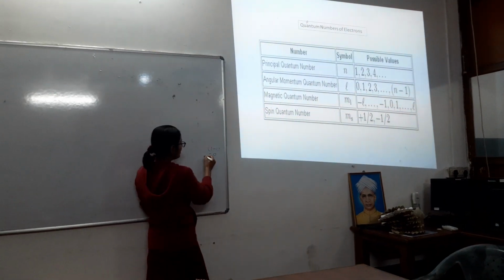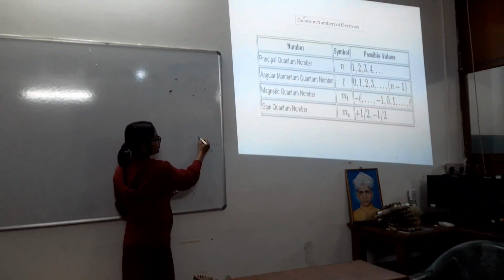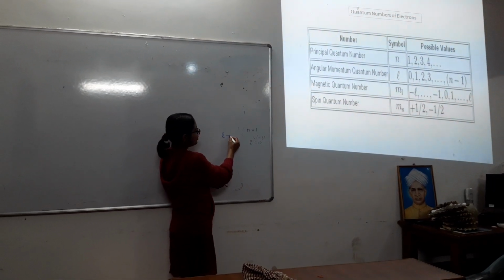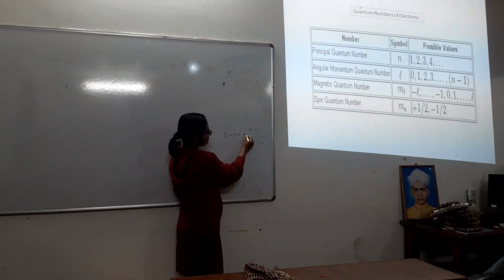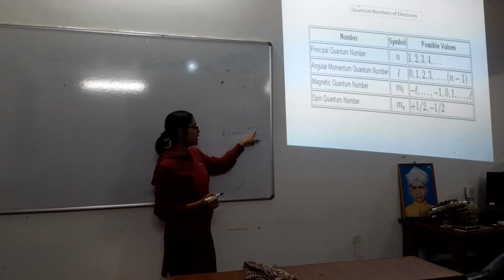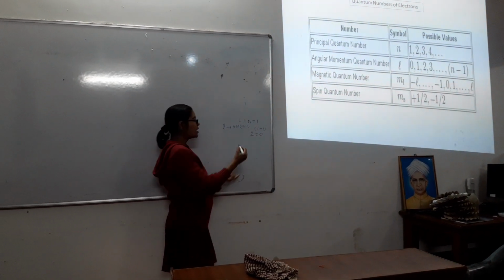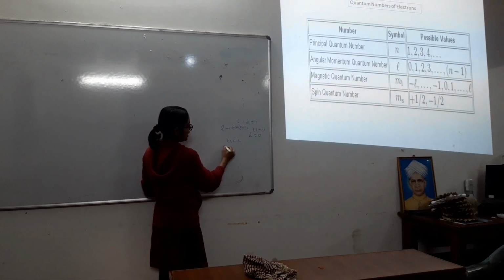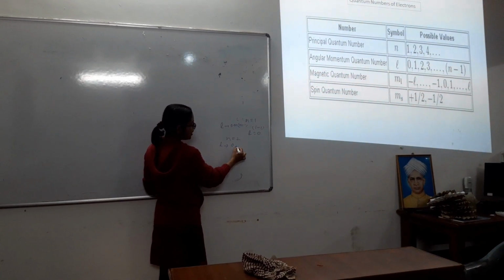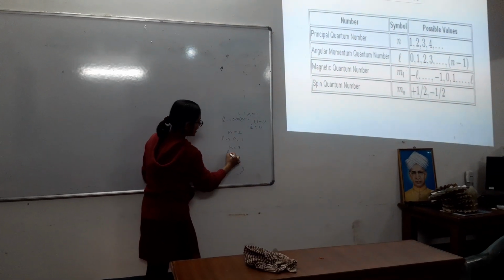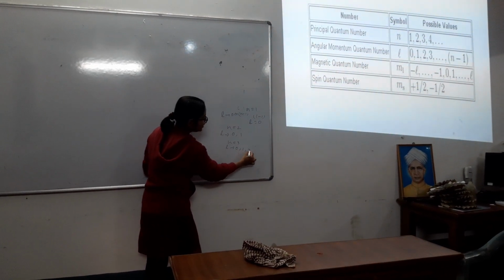So for n equal to 1, l has just one value, l equal to 0. For n equal to 2, l has two values, 0 and 1. And so on. For n equal to 3, l has the values 0, 1 and 2.